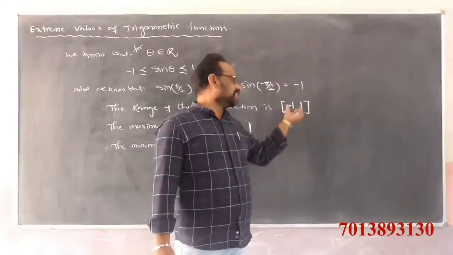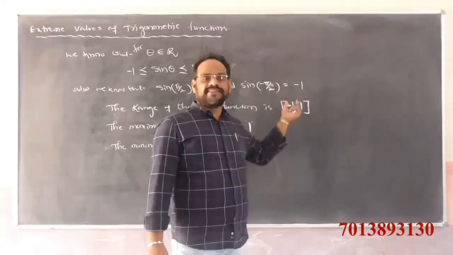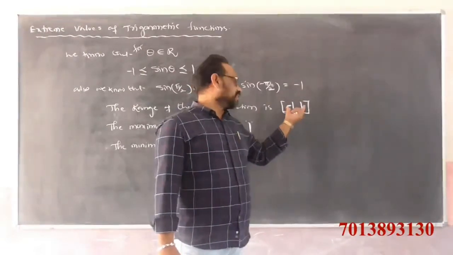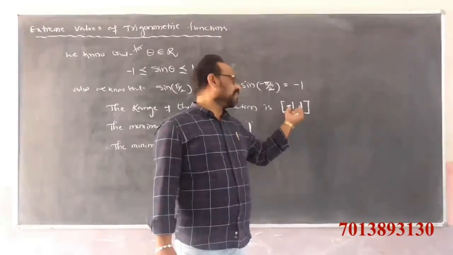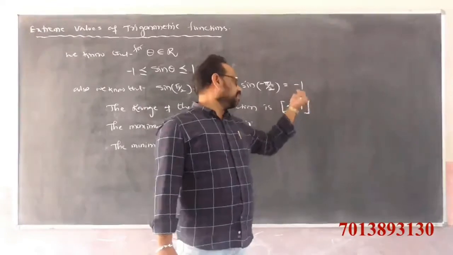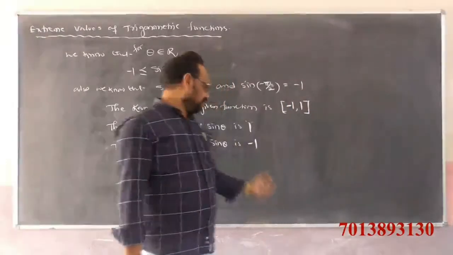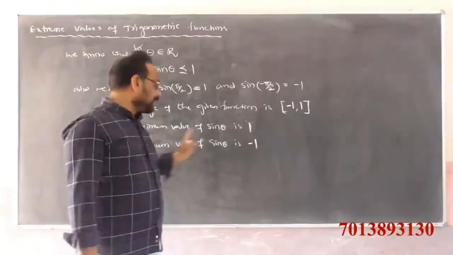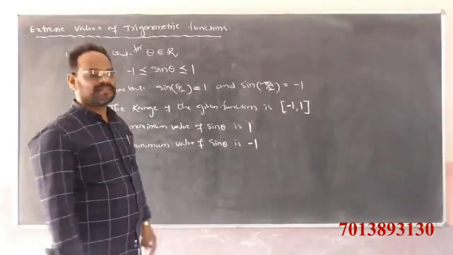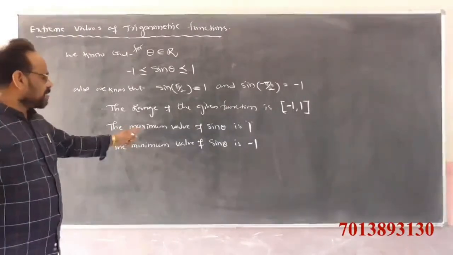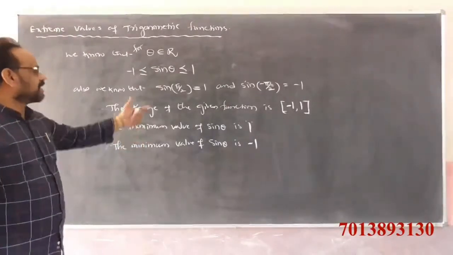The range of sine is the closed interval minus 1 to plus 1, which includes minus 1 and plus 1 and all the values in between. So the maximum value of sin theta is 1 and the minimum value is minus 1.